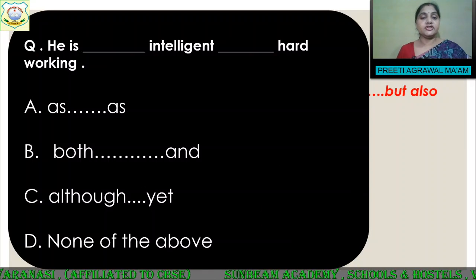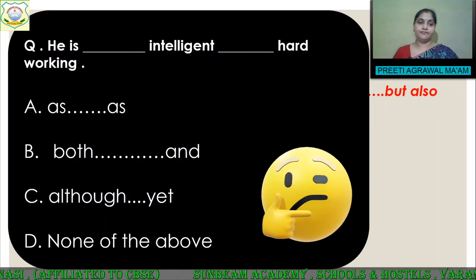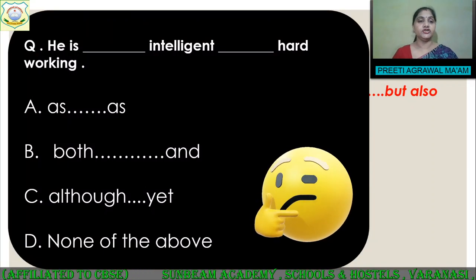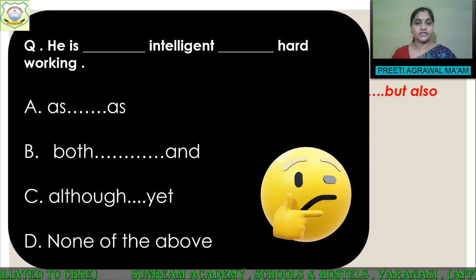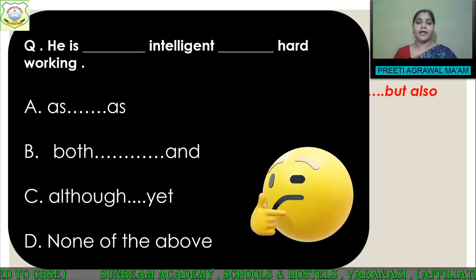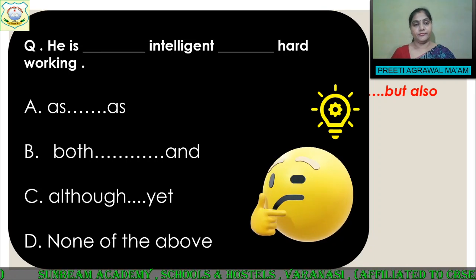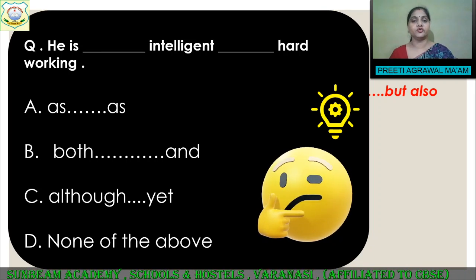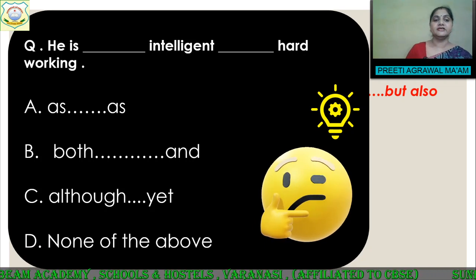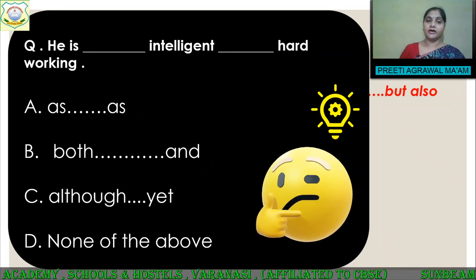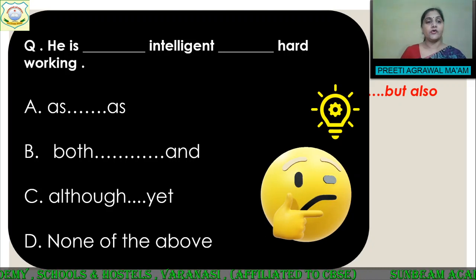Now, just to check your knowledge, you are checking your knowledge yourself. Just to test yourself, I have prepared for you a question. Think that it is just a quiz for you. Whatever you have read, just recall that and try to fill.